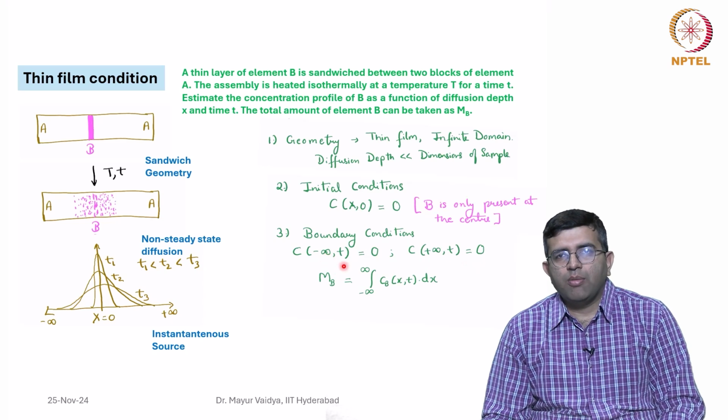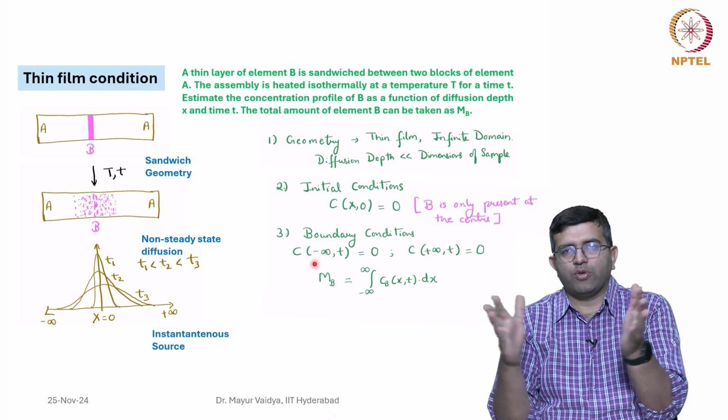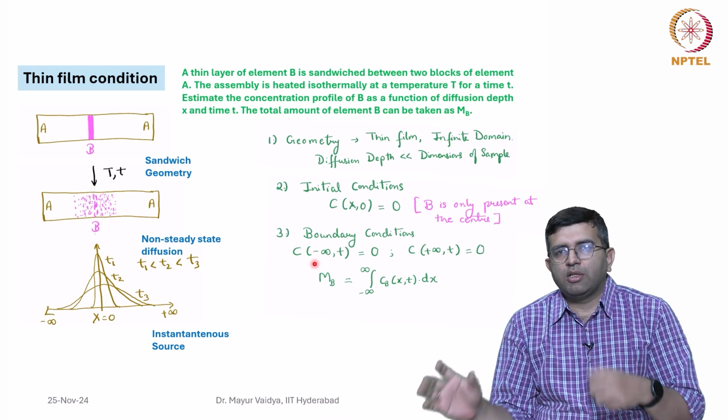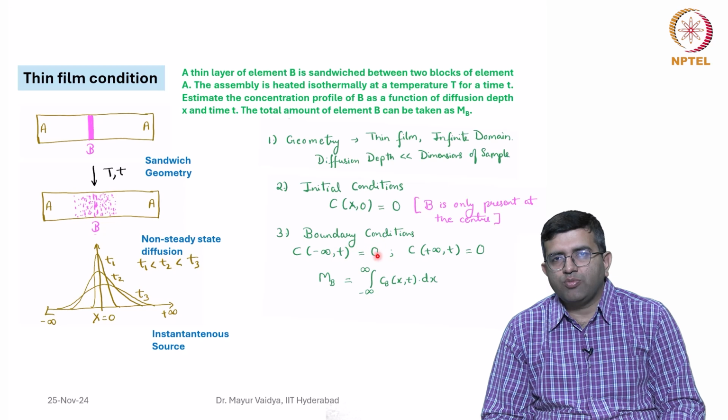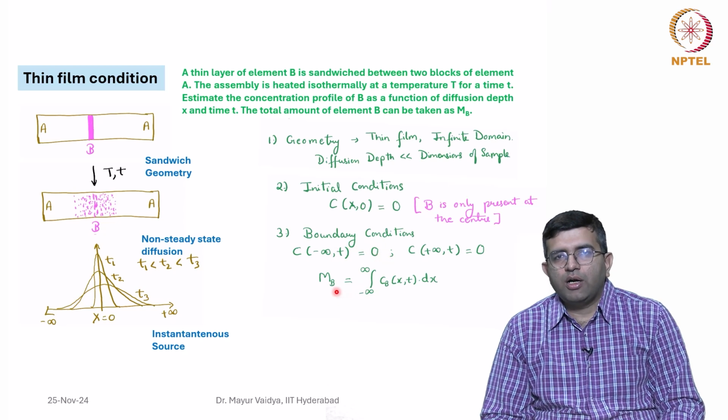Because this assumption is valid, I can write it as minus infinity and plus infinity here. Because the diffusion depths are smaller, at the far end of the block A, the B does not reach and the concentration of B there is 0. Therefore, these are the boundary conditions.